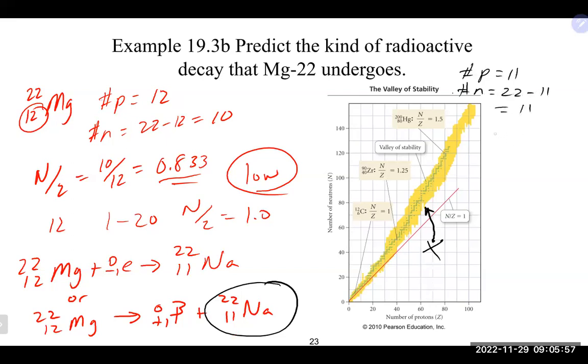That means our N to Z ratio is 11 and 11, which is 1. So in this particular case, it actually moved us to a really stable situation. Again, it will not always, after, say, the first decay process, move you to perfectly stable, but it should definitely move you in the right direction in terms of the ratio. Any questions on that there?